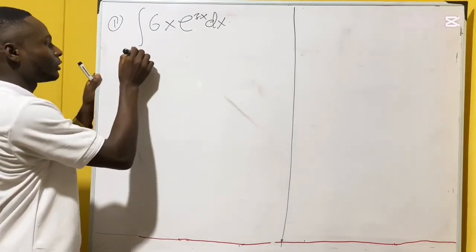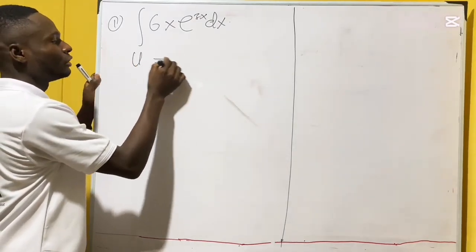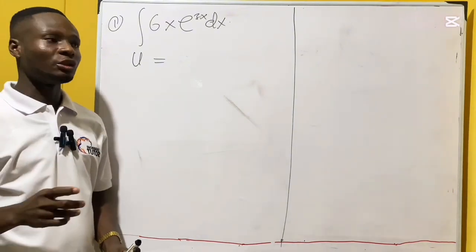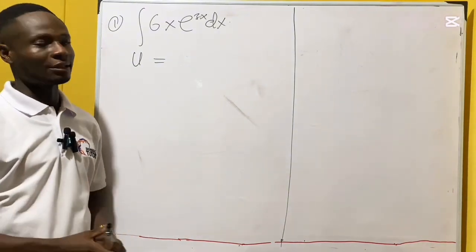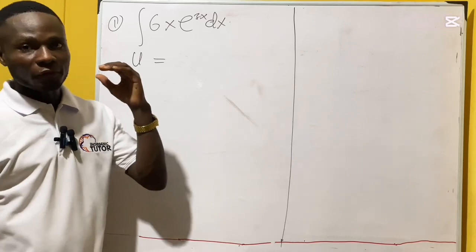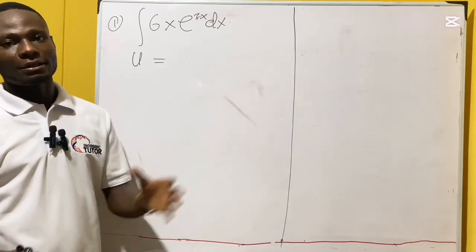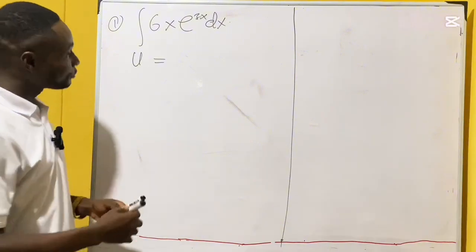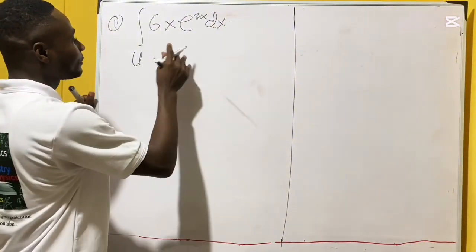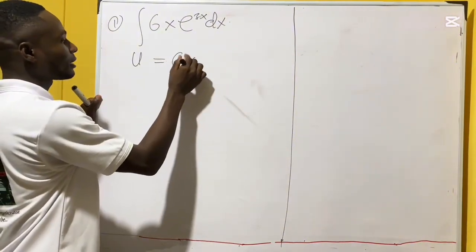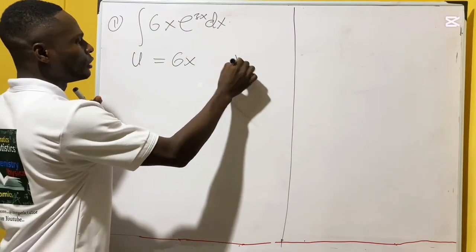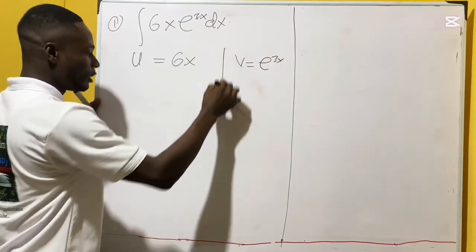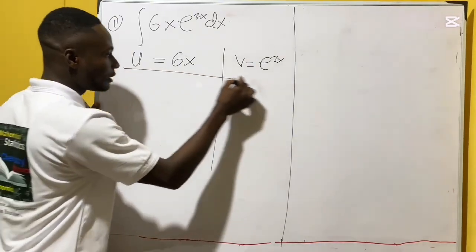With the tabular approach, you always choose your u to be the function that you can differentiate to a constant, and your v to be the other part, which is the integration aspect. Good. So we have our u to be 6x, and our v to be e power 3x, right?